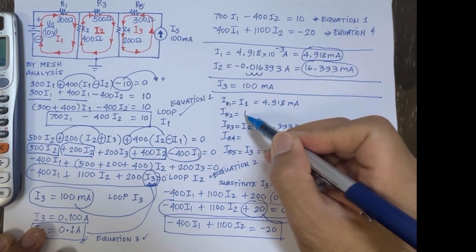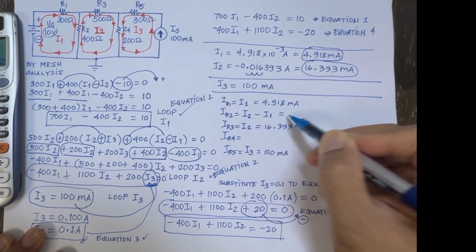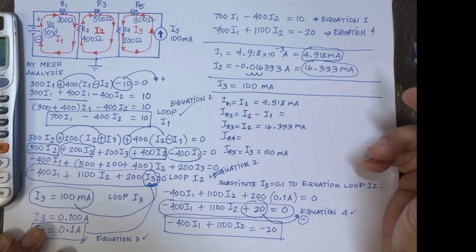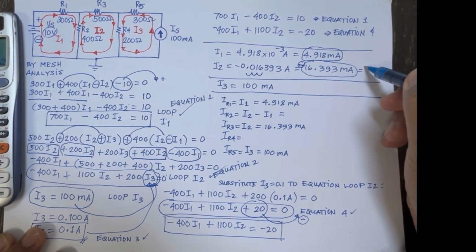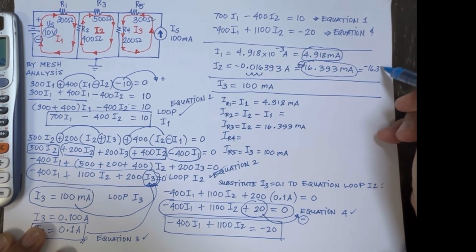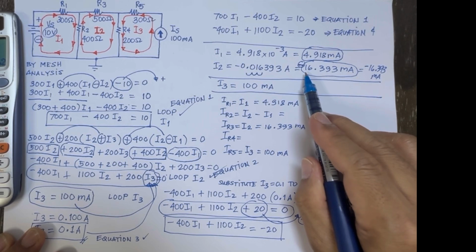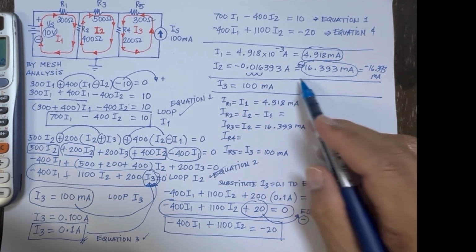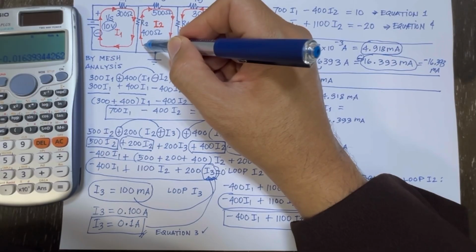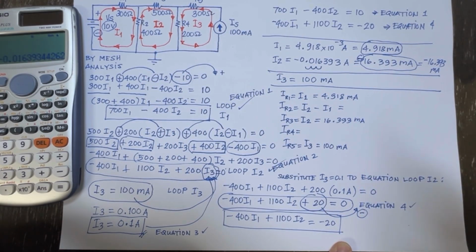But I think I forgot to put the negative on the I2, which is negative 0.016393. So it should be negative 16.393 milliamperes. And that will be subtracted with 4.918, and what will happen is negative 16 minus 4.918.